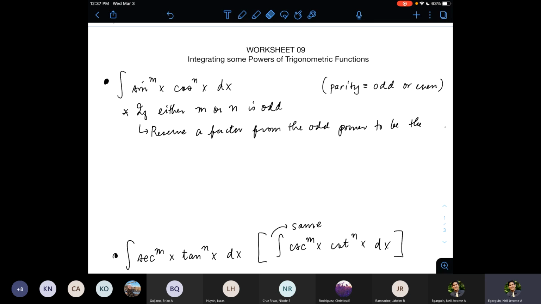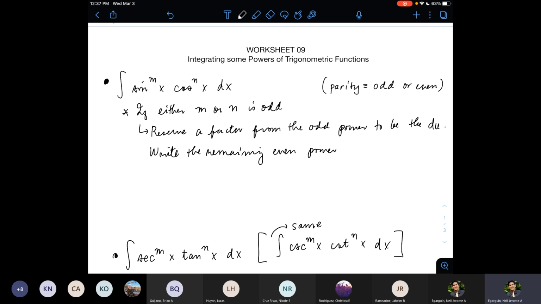Maybe I should not use script here, so I'll use du. And then write the remaining factors. Write the remaining even power, because remember, you started with an odd power. You take one of those factors, so you will be left with an even power. That's what I meant by the remaining even power.